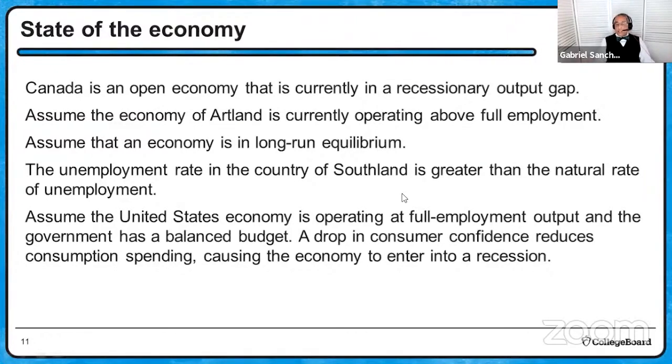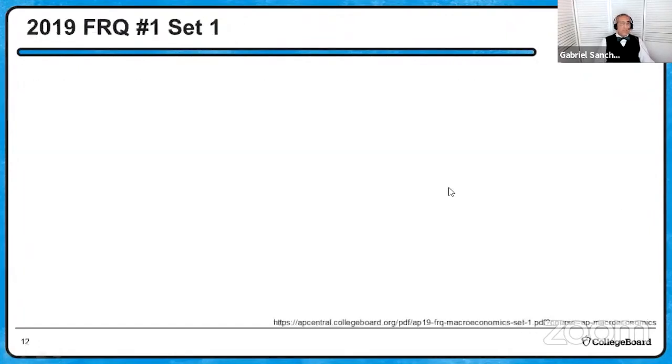One of the determinants, consumption, changes. There's a drop in consumer confidence, a drop in consumption. What does that do? That causes us to enter into a recession. And so our new equilibrium would be to the left of the long run. So here were just some examples to see how it has been stated in the past and what we're looking for on questions on your AP test.